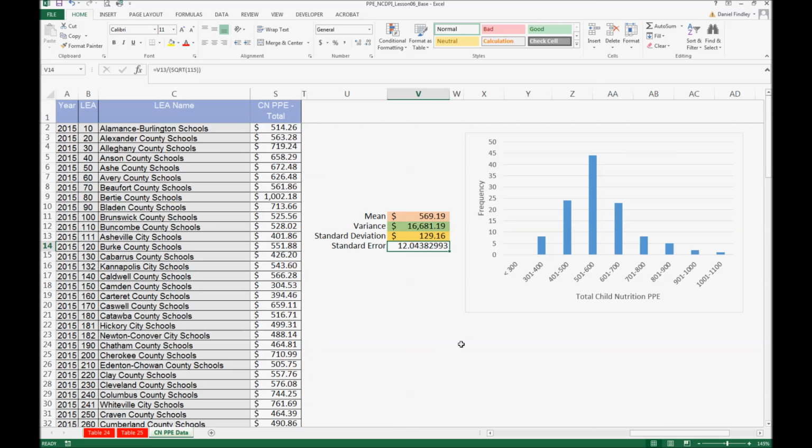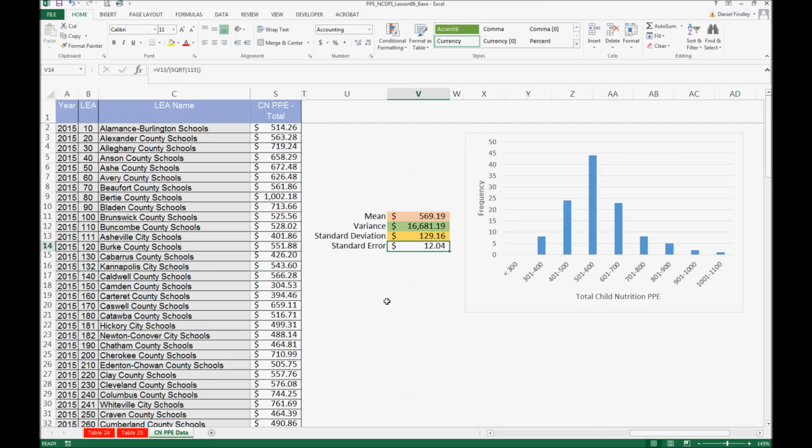And the standard error has the same units as the mean. So the standard error in this case is $12.04, and what this represents is the spread that we would have of the mean if we were to take multiple samples.